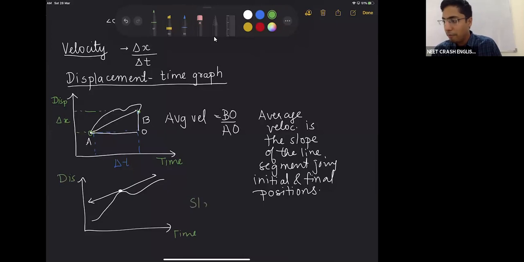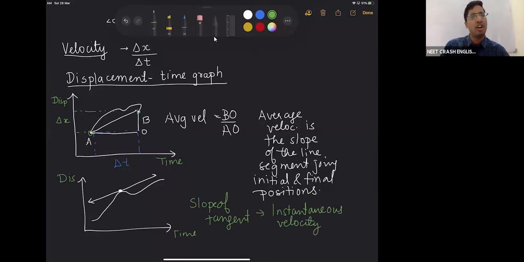The slope of the tangent at that point is the instantaneous velocity, right? Now there are lots of questions asked on this, because in graphs there is not a lot of computation to do. You just have to understand the concept.